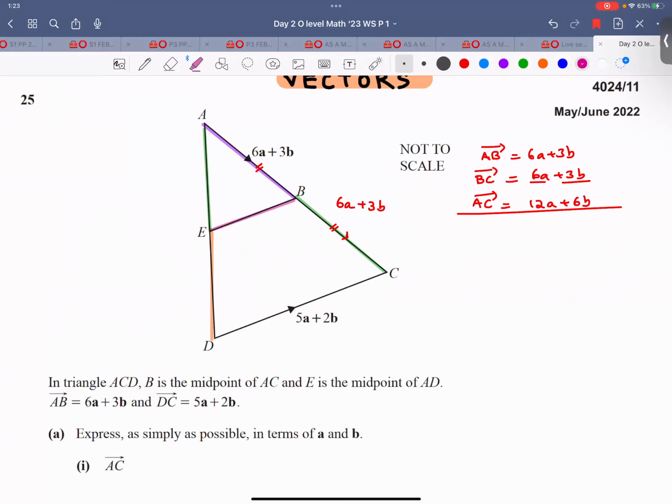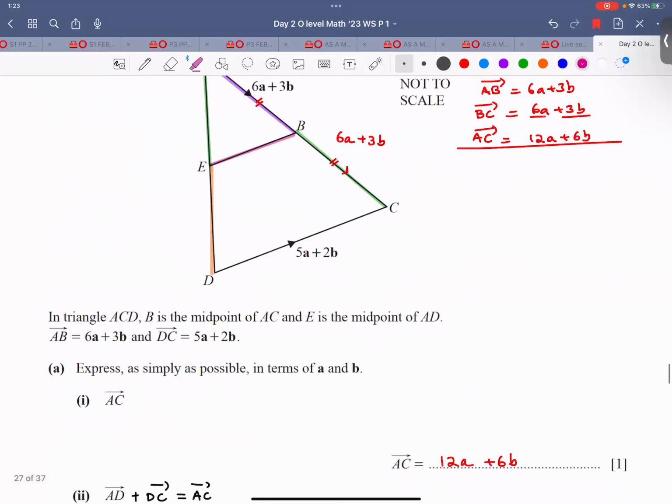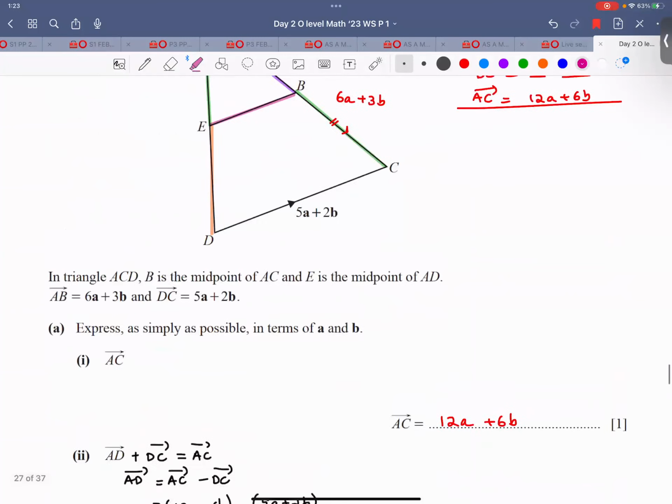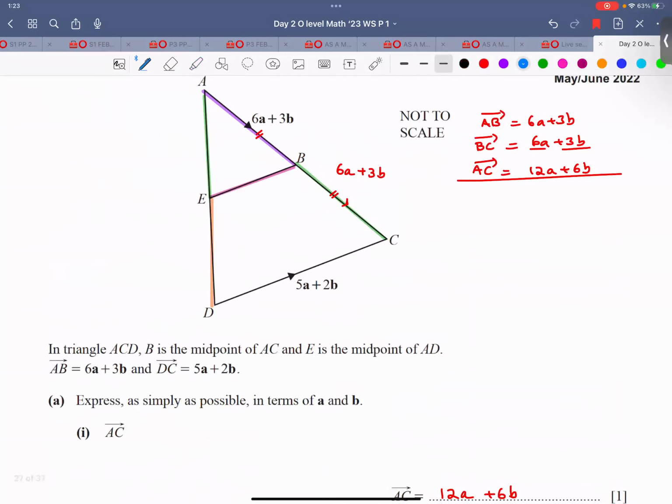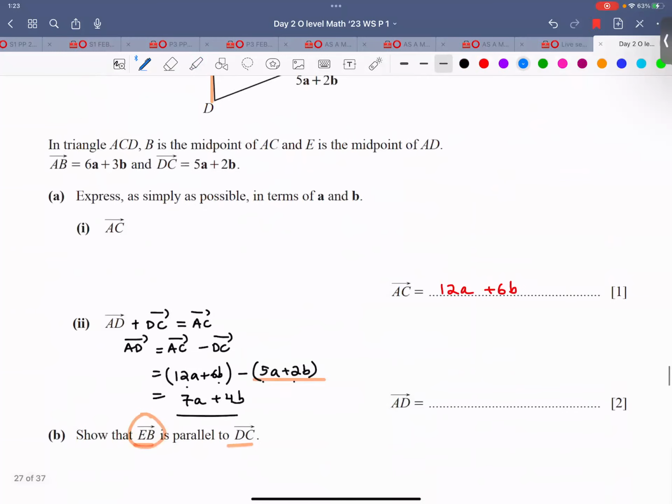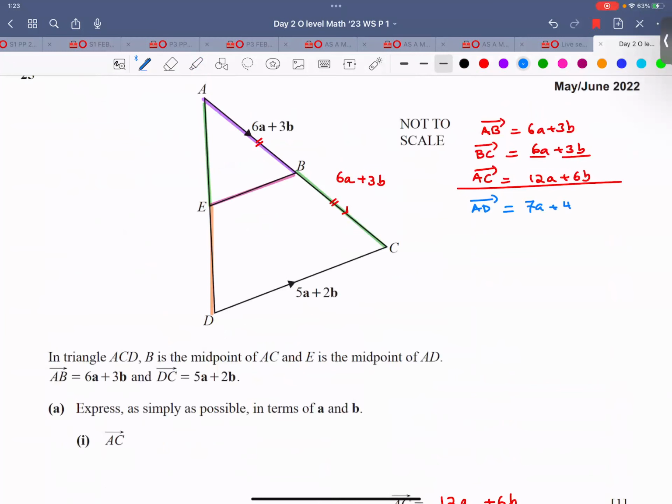I have just found AD, which is 7a plus 4b. And since E is the midpoint of A and D, AE is half of 7a plus 4b, which is 7 over 2 a plus 2b. That is AE. Is everyone clear on this?